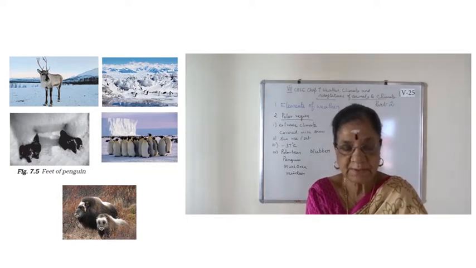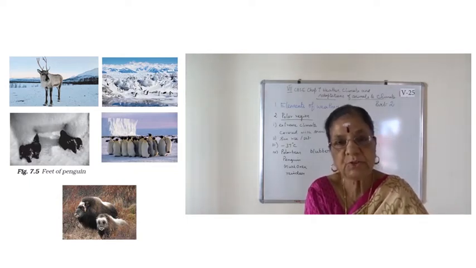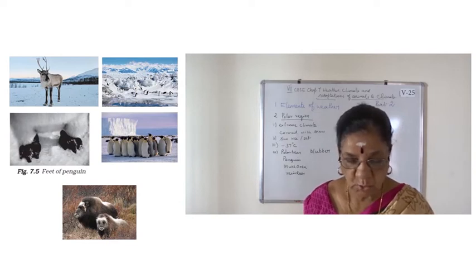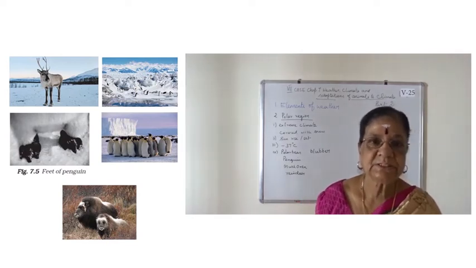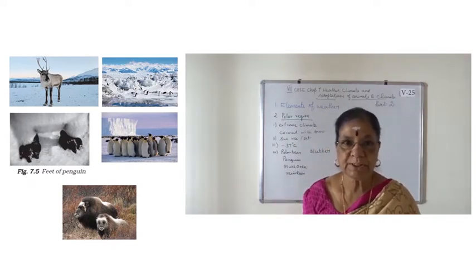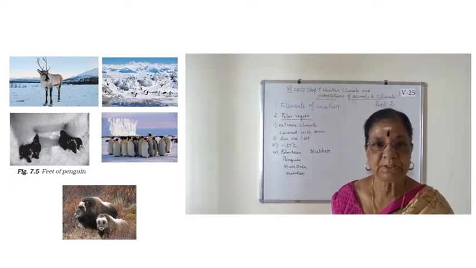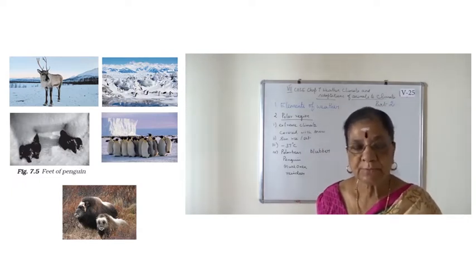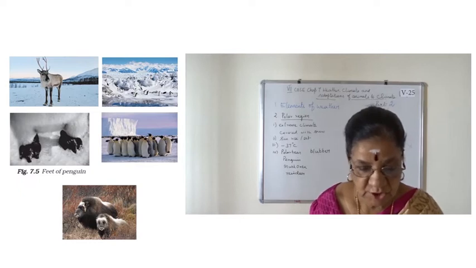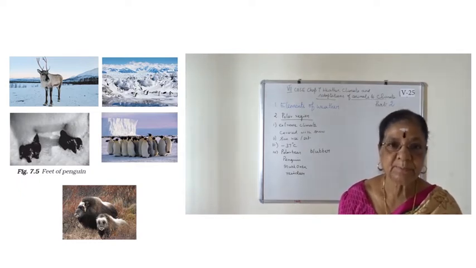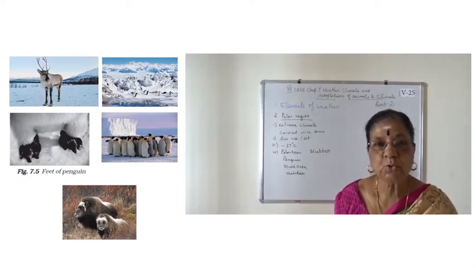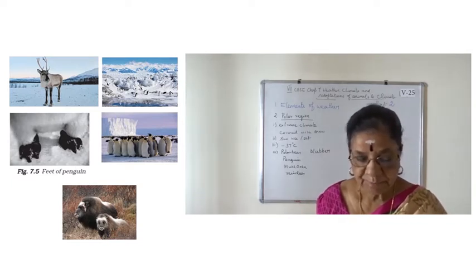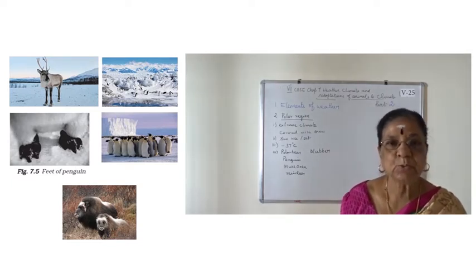I hope you understand. Then it spends a lot of its time inside the water, and it has a streamlined body and flippers. Flippers are modified wings, and they help the penguin to move through water easily. And it can drink seawater.